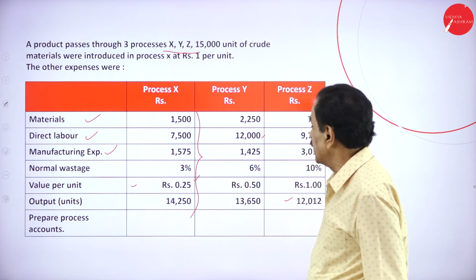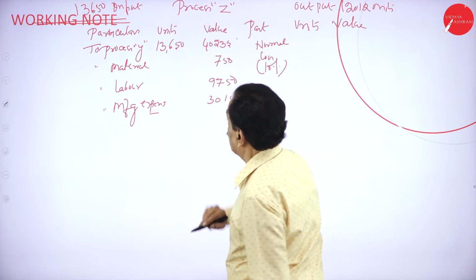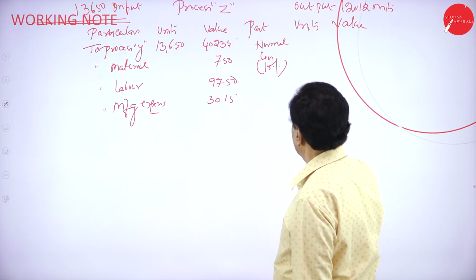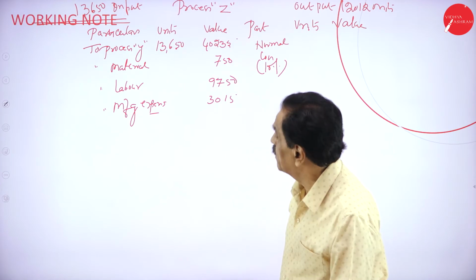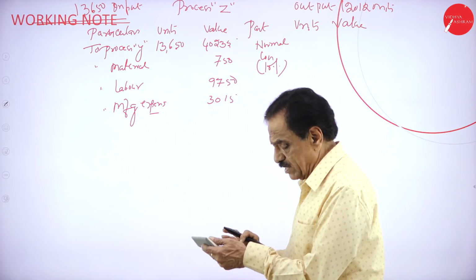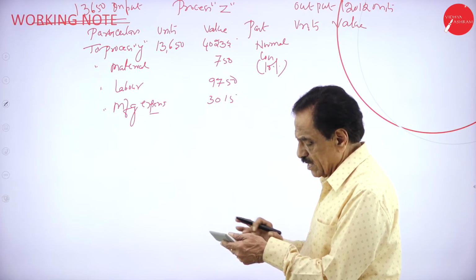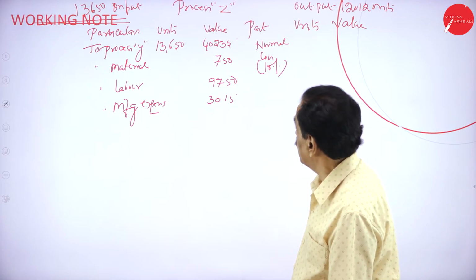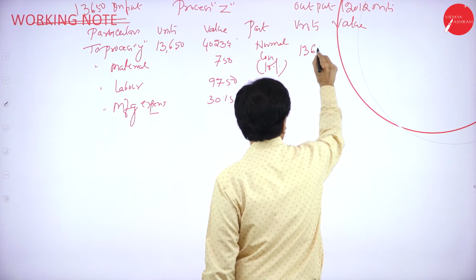Sold at rupee 1, 10% on the input, 10% on 13,650, 10 by 100 into 13,650, which is 1,365. 1,365 units.